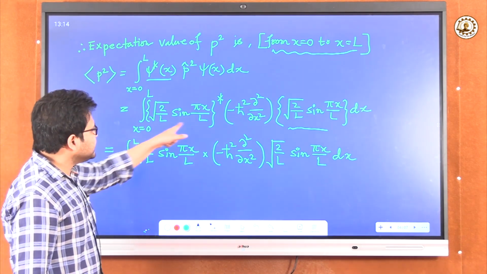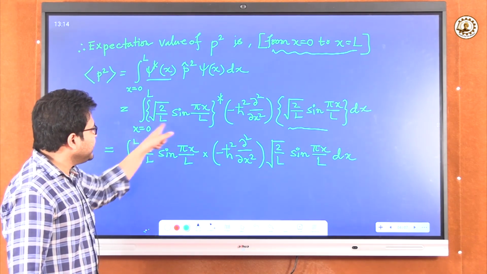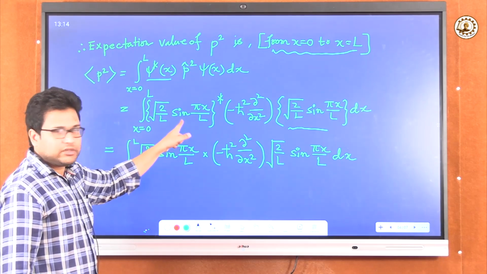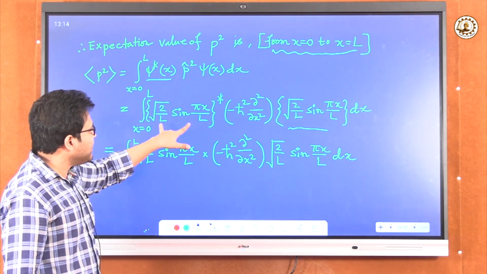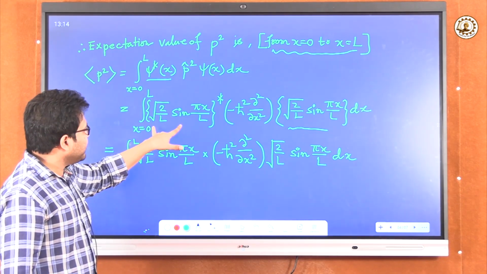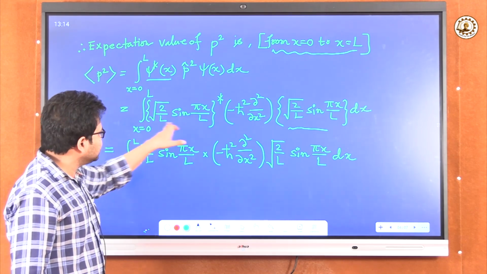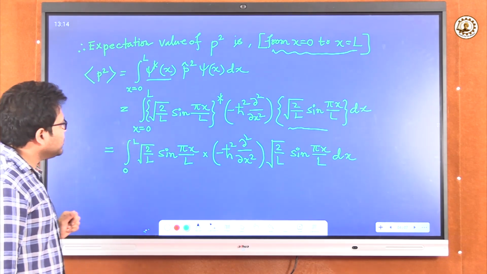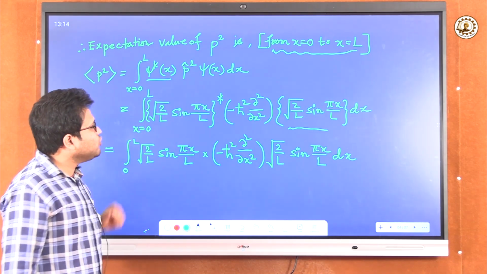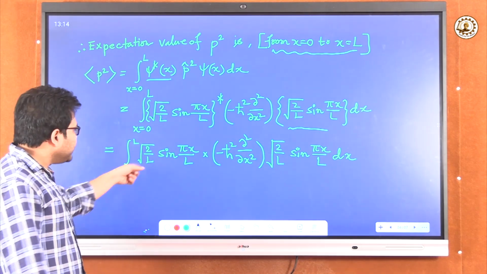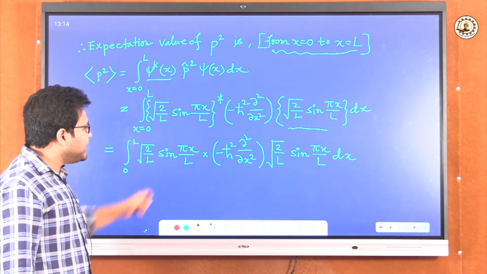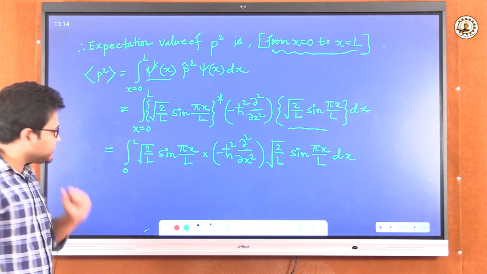Now since there is no imaginary or complex quantity within this first bracket, after taking the complex conjugate, root under 2 by L sin pi x by L will remain unaffected.